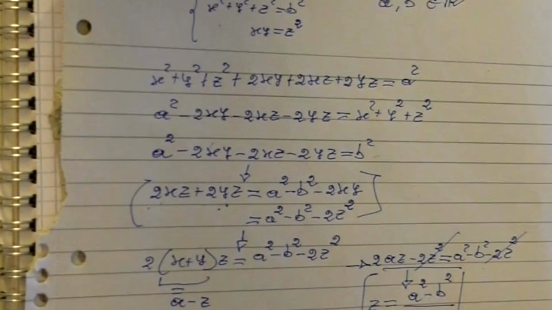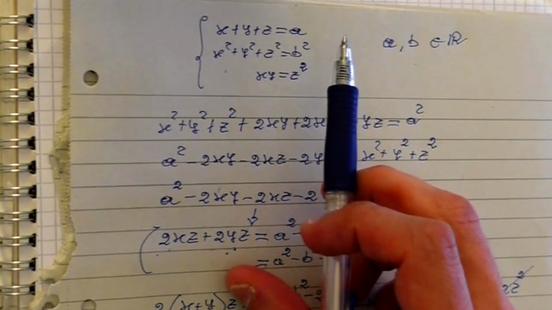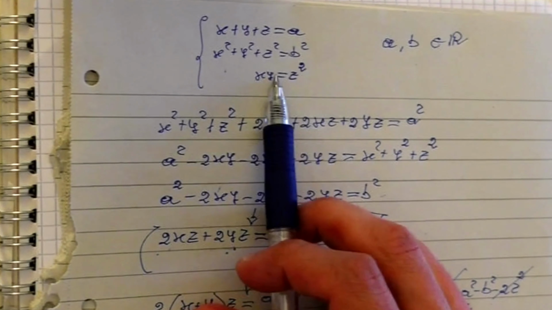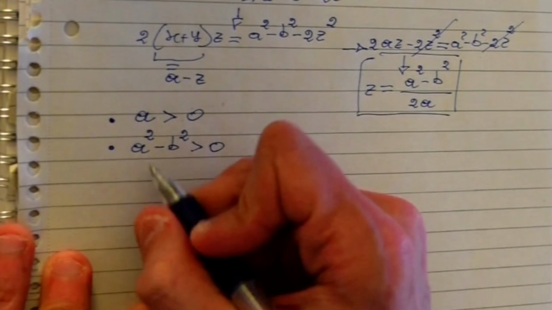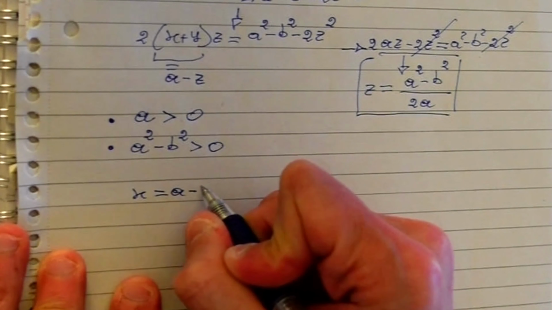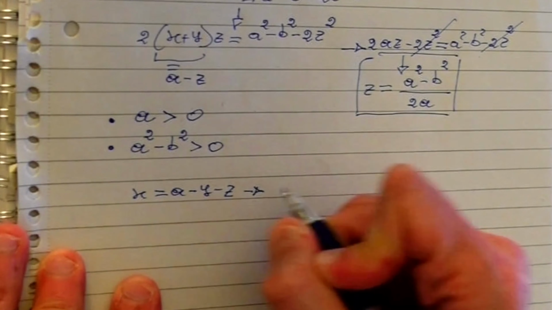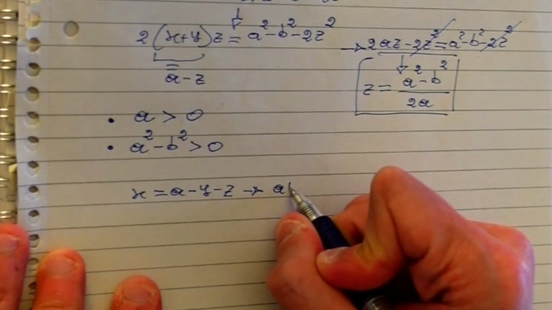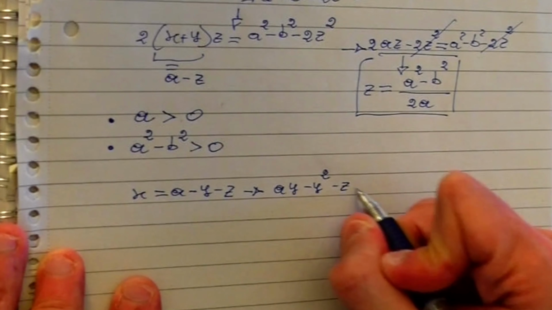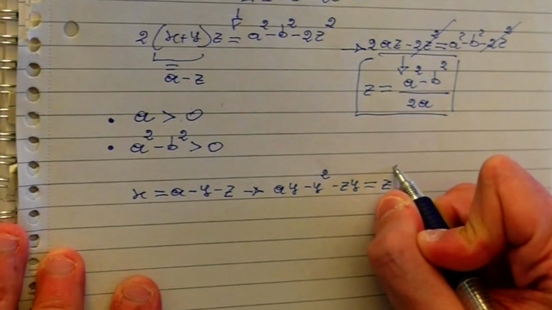I show again, it's a little bit complicated. The first equation and the third equation to solve for y. We rewrite x as a minus y minus z. This implies that ay minus y squared minus zy equals z squared.